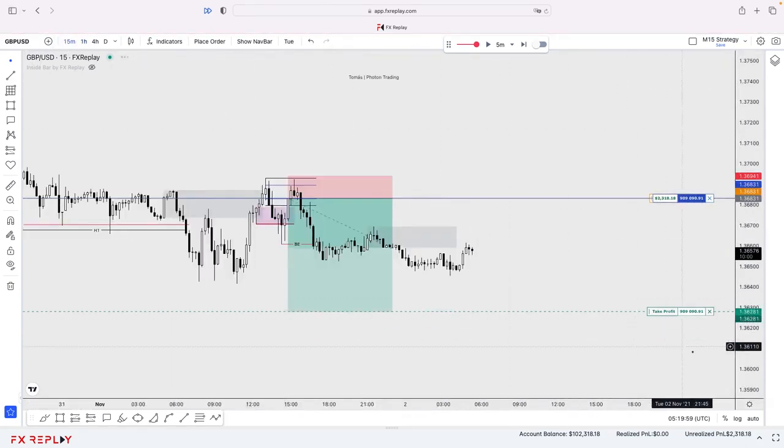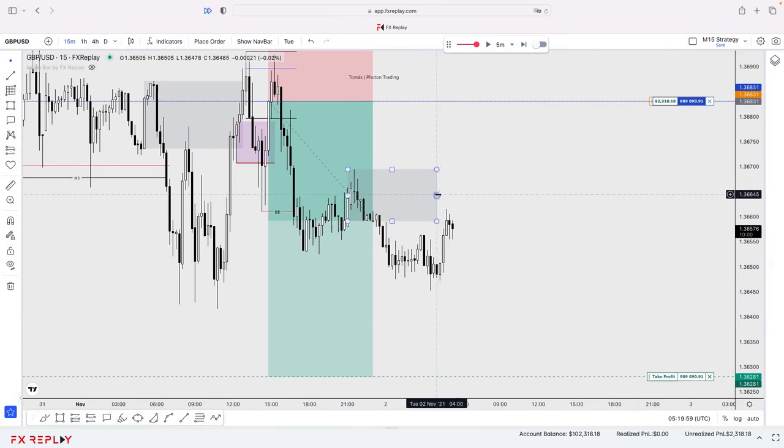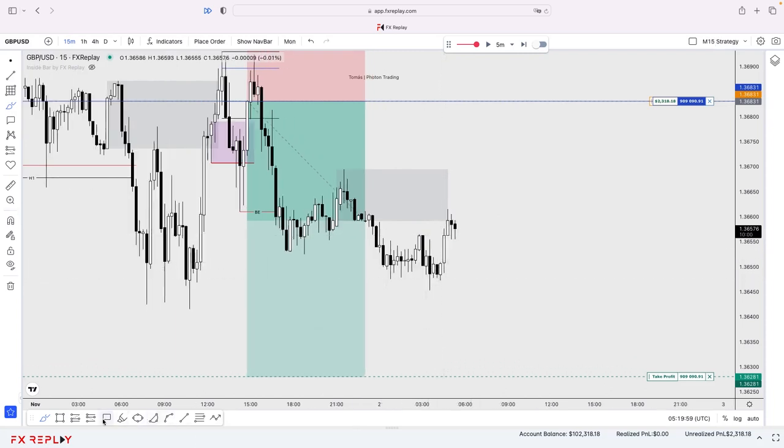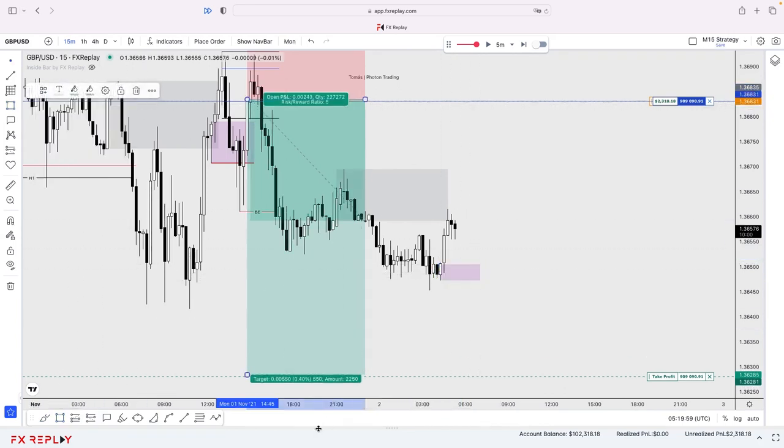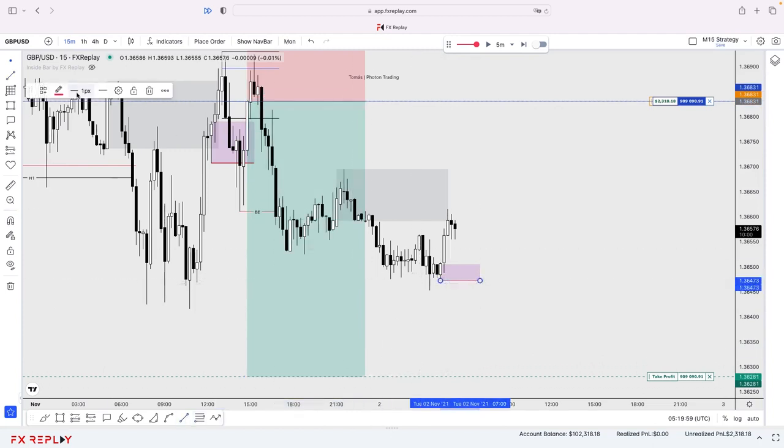I go to M15 and I have here the fake break, liquidity entry model number 2, fake break. Okay, so I have here the PBL, and I have here the change of character.